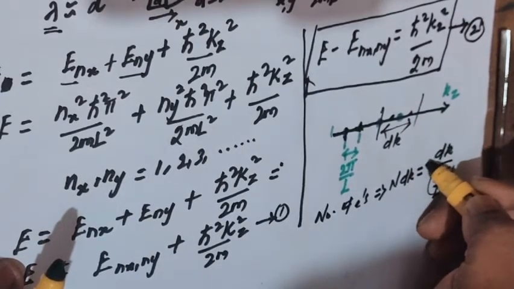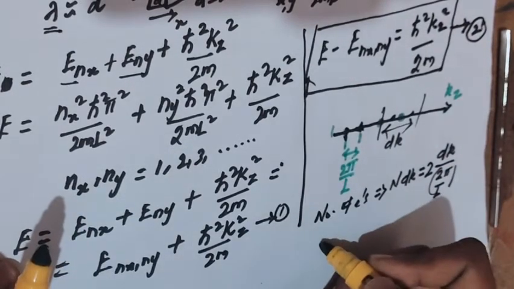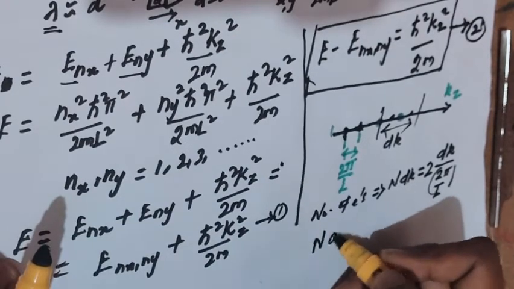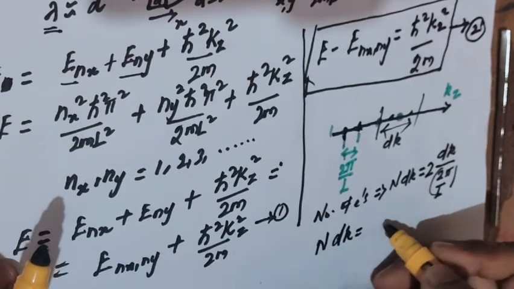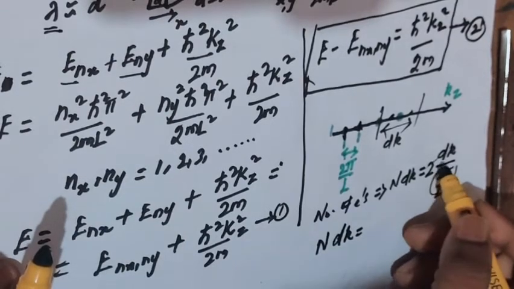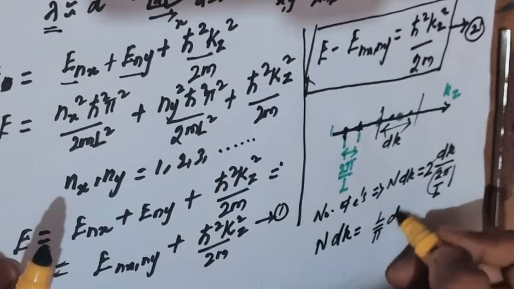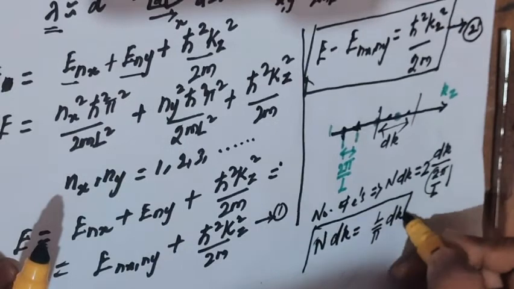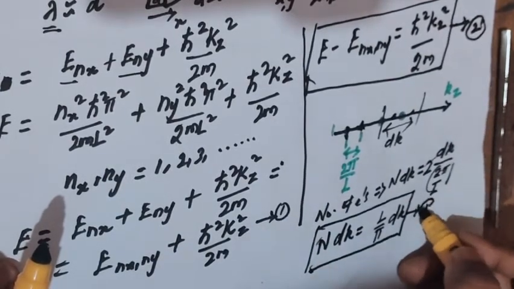Each state is occupied by 2 electrons, so you multiply by 2. Rewriting, the number of accessible states for the electrons within the decay length is L/π times the decay length. We can call this equation number 1.